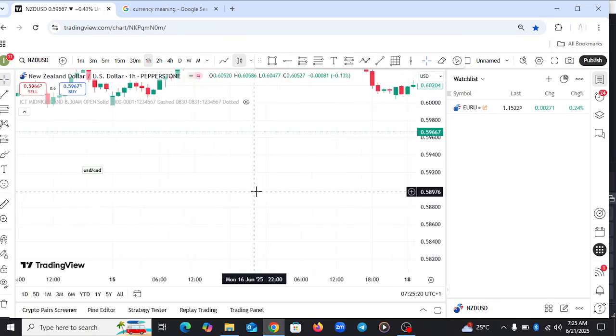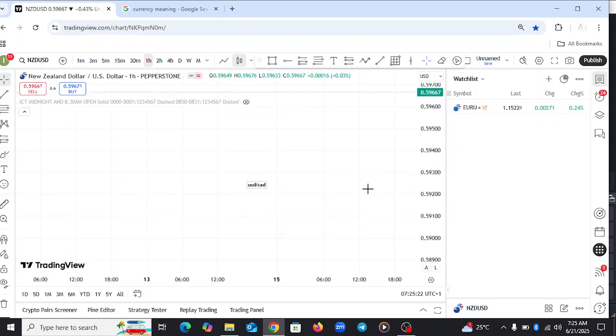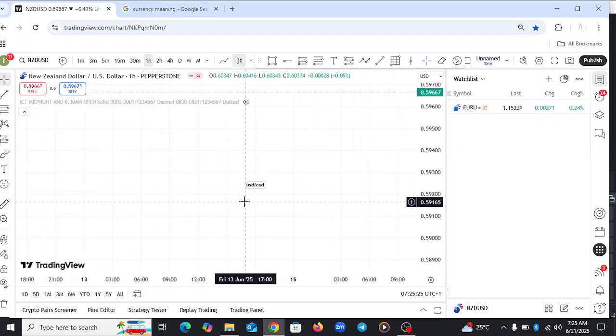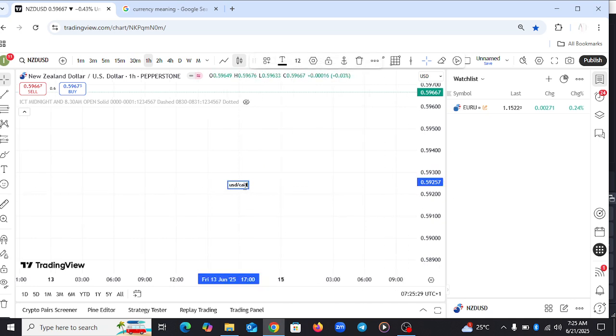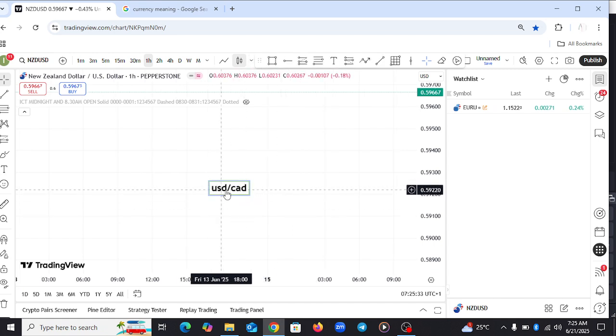Now in this currency pair, we have two currencies. The first currency is the USD, and the other is the CAD. So you have USD first, and then followed by CAD.